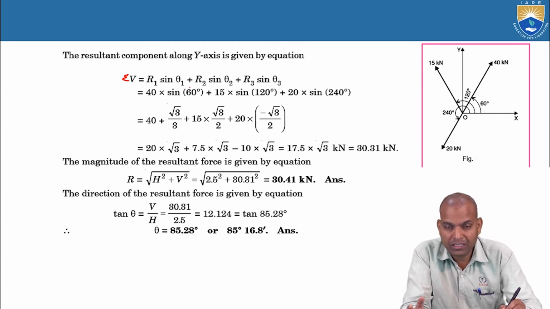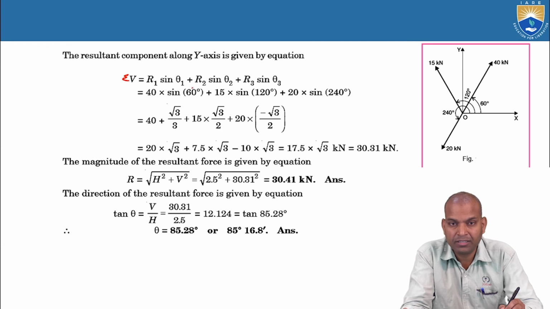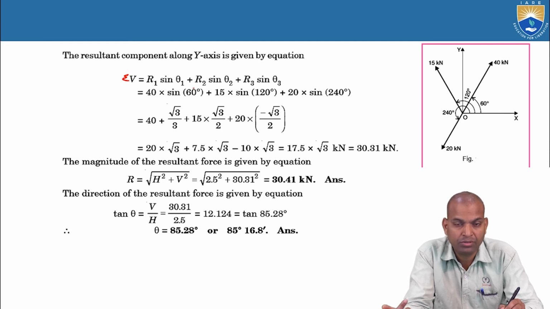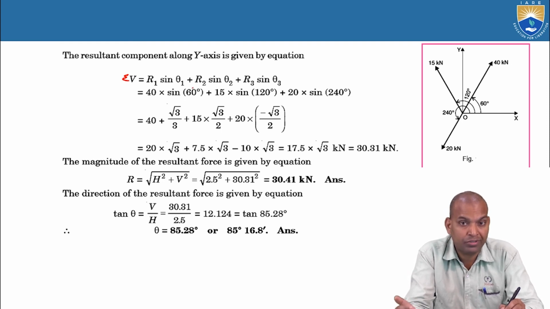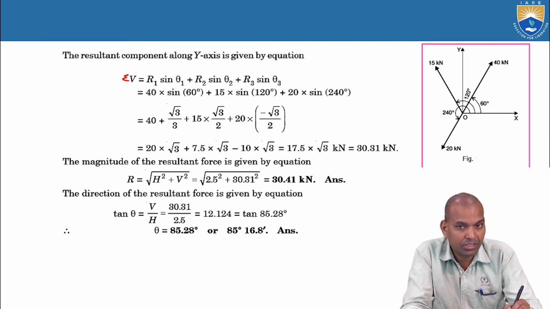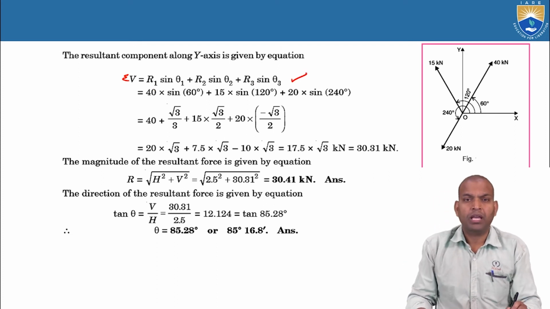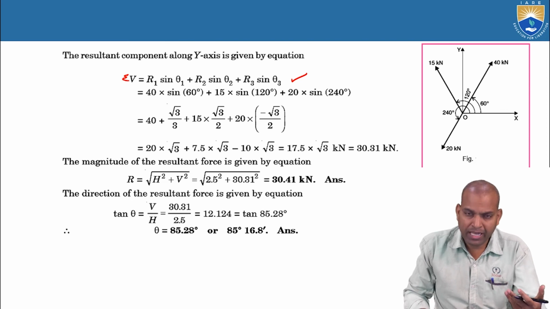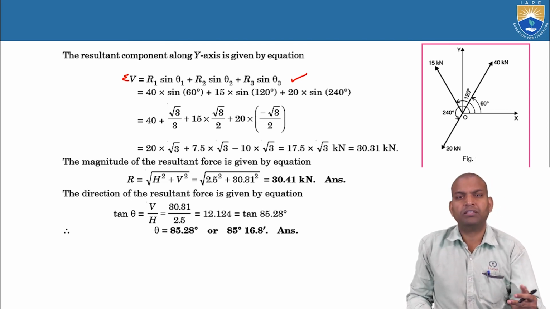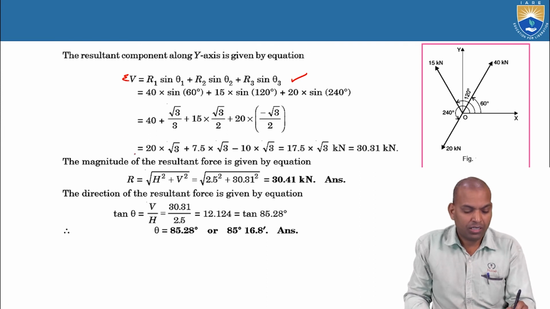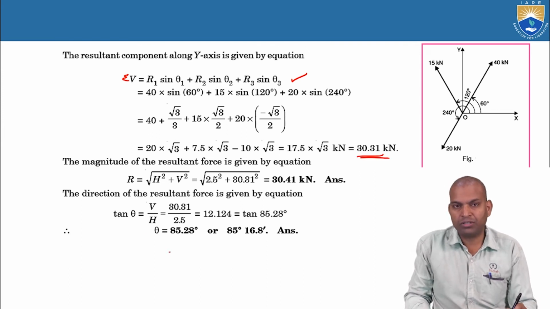Be careful about the direction of the forces and which axis they are measured from; is it the positive x? According to that, we have to resolve. Now substitute the known values R1, R2, R3, theta 1, theta 2, theta 3 in this expression; the obtained value is 30.31 kilonewtons.